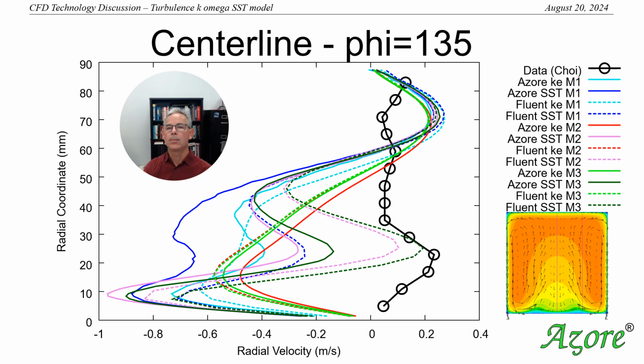So here now we're at 135, and now you can really see the spread. There is a lot of variation in the predictions for each mesh structure and even each turbulence model, as well as the differences between these models.